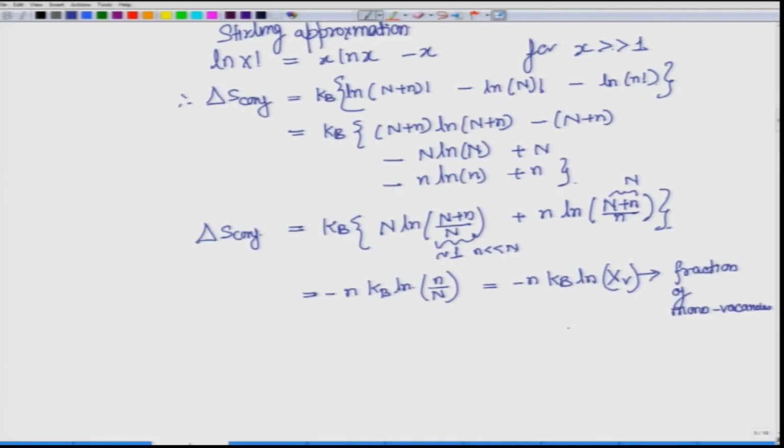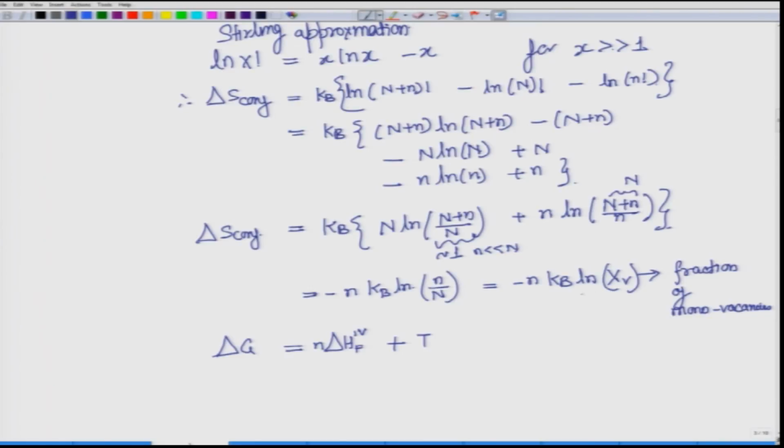So, now this is the relation, and if you put delta G will be equal to n delta H formation 1V plus, now because this is a minus term, so this will become T, although this quantity itself will be negative.